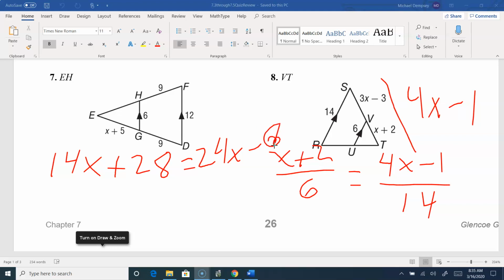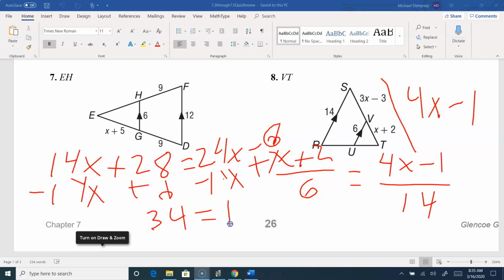So if I bring everything to one side, I would add 6 over here, add 6 over here. I think we have 34 on that side. And then I would subtract 14x from both sides. So I get 34 equals 10x. And then we divide by 10, so we get x equals 3.4.